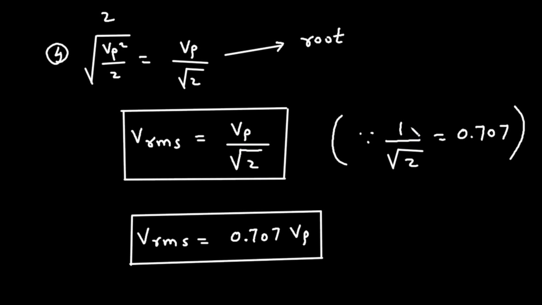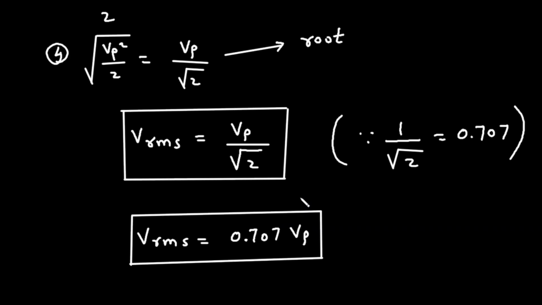Since we know that 1 upon under root 2 is equal to 0.707, finally we get the formula: root mean square voltage VRMS is equal to 0.707 Vp, where Vp represents the maximum value or peak value and VRMS represents the root mean square value of voltage. So this is the final formula for this.